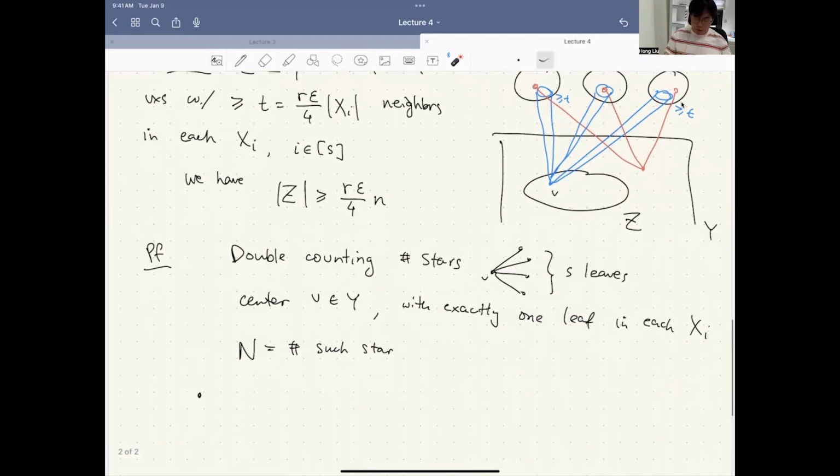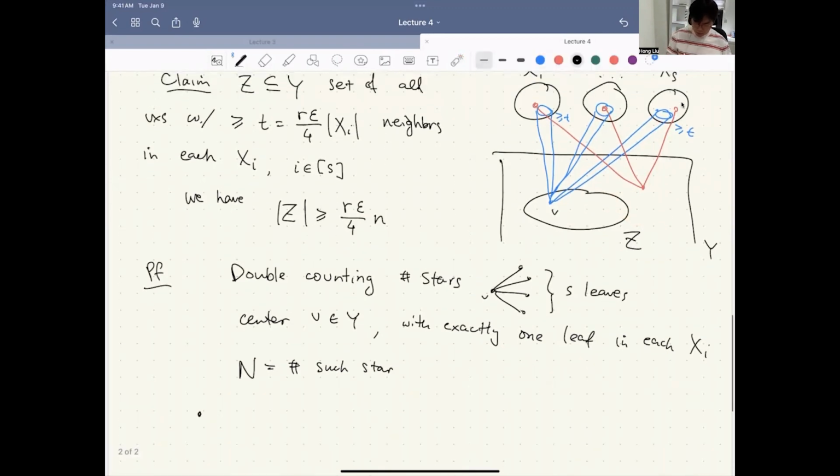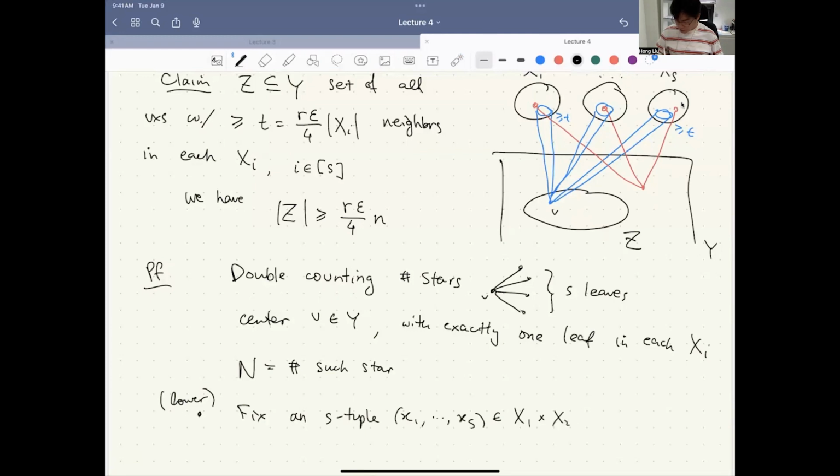That's how we get a lower bound. So fix an s-tuple x1 to xs in X1 times X2 times ... times Xs.